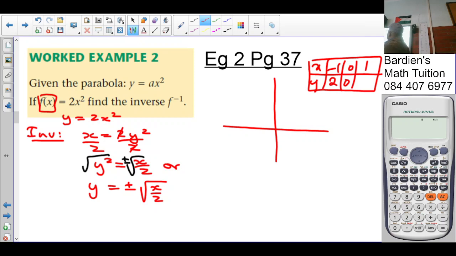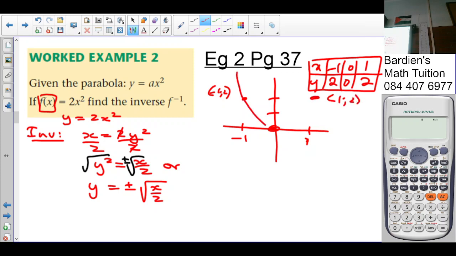Put 1 in? 2. So if x is minus 1, y is 2. x is 0, y is 0, x is 1, y is 2. So there is that graph. And that is your f graph.